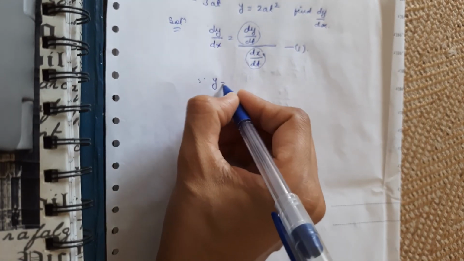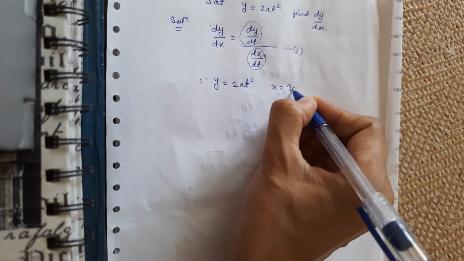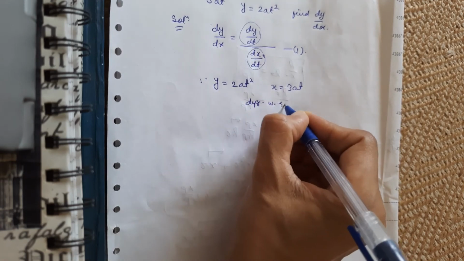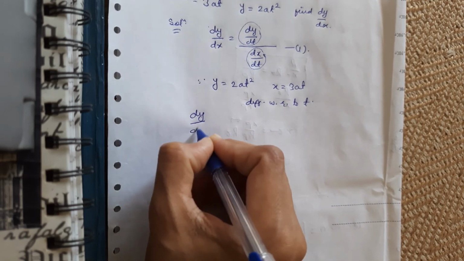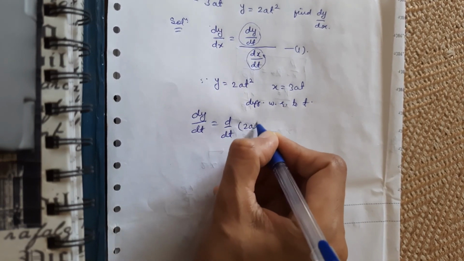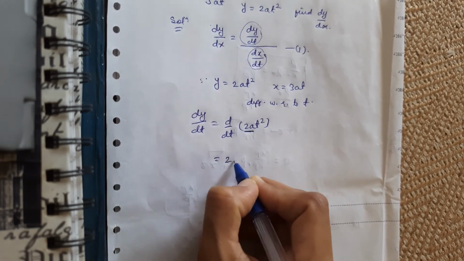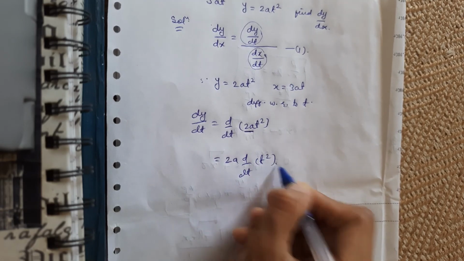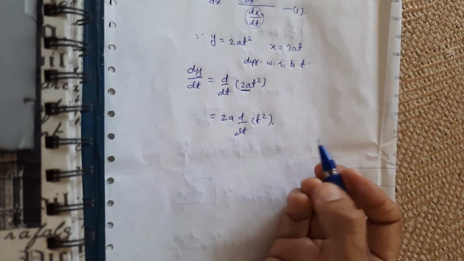Since y is 2at square and x is 3at, differentiate with respect to t. I'll get dy by dt equals d by dt of 2at square. Here 2a is constant, so it will be outside, and the derivative of t square: what is the derivative of x square? d by dx of x square is 2x.